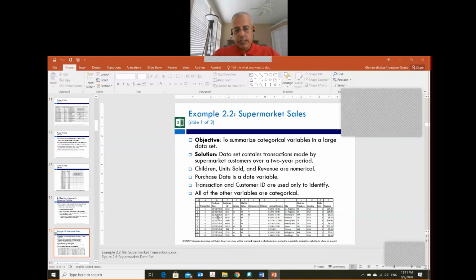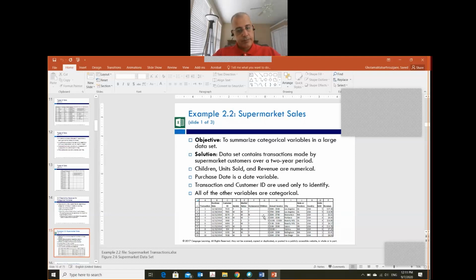Here you see different variables. Transaction is a kind of label. Purchase date is a date. Customer ID, again, is a label. Gender, male or female, is nominal. Marital status is again nominal. Homeowner, yes or no, is nominal.